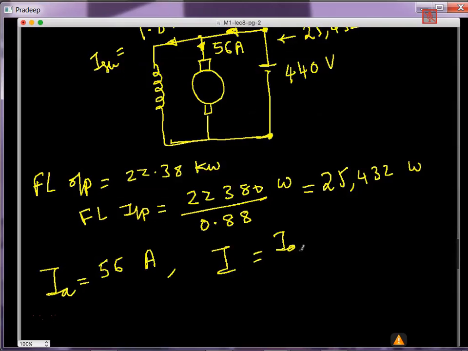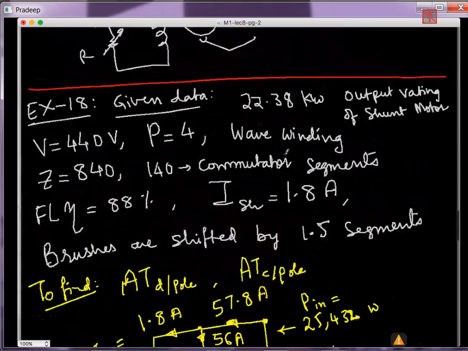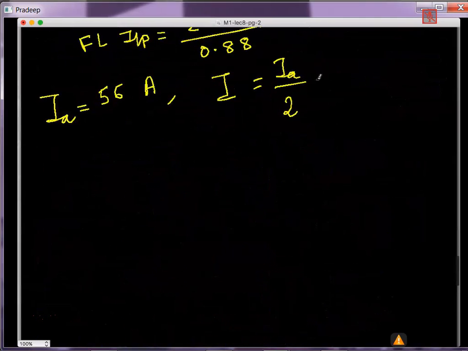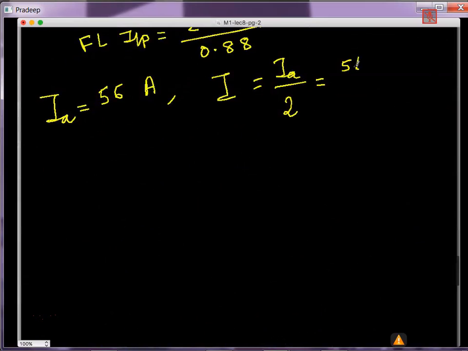It is nothing but the armature current divided by the number of parallel paths. The number of parallel paths is 2 because it is wave winding, as given in the data. So I get 56 by 2, which is 28 amperes.